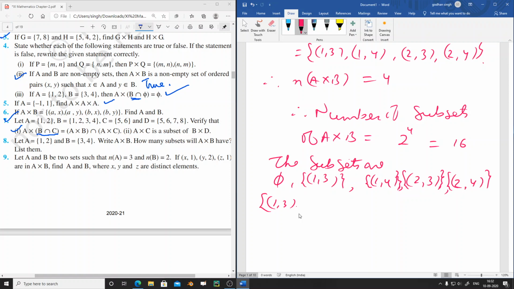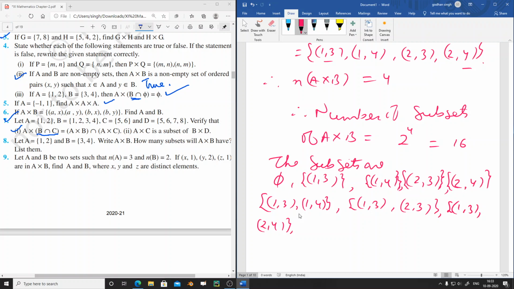One set is {(1,3), (1,4)}, and the second set will contain the elements (1,3), (2,3). We are taking only those subsets which have exactly two elements. Then (1,3) and (2,4).